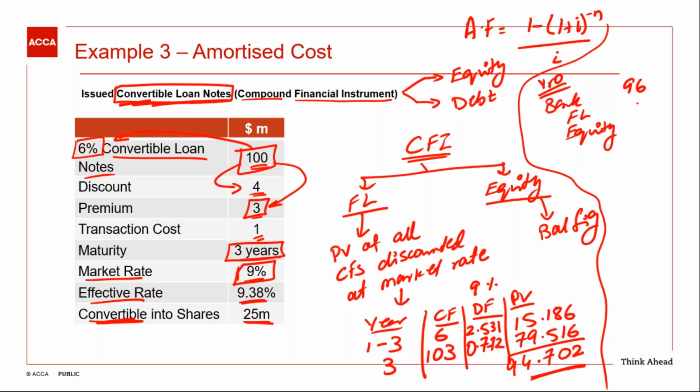And the liability is 94.7. Let's calculate it to one decimal place, which means 1.3 is the amount of the equity. So bank was debited by 96, out of which 94.7 is the financial liability and the remaining 1.3 is the equity.